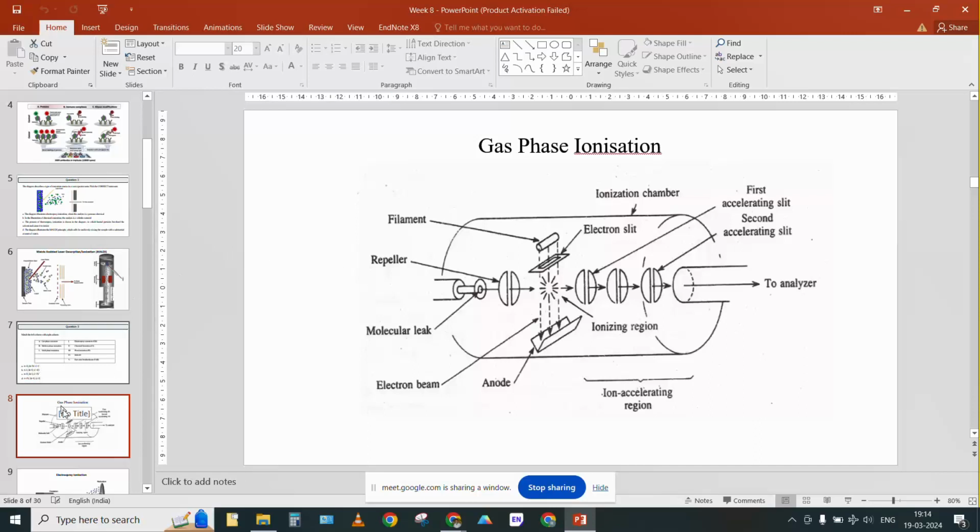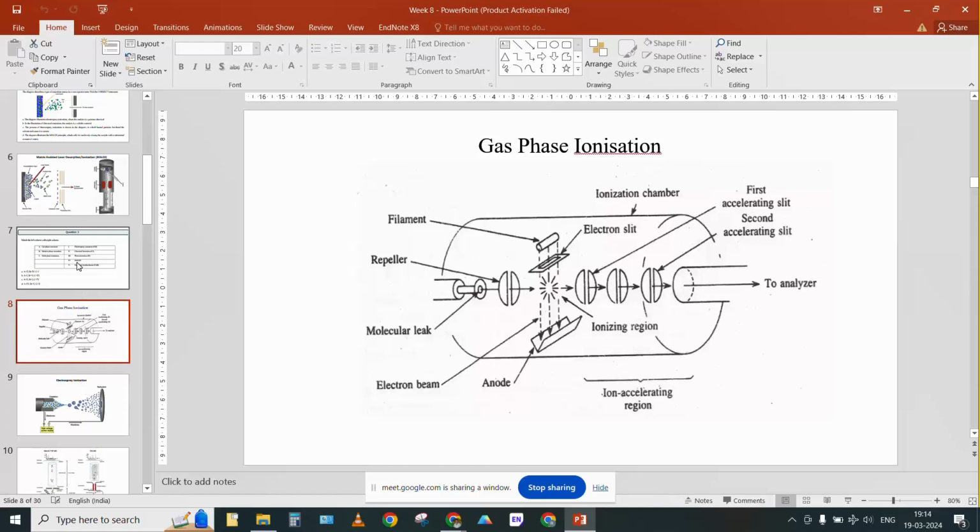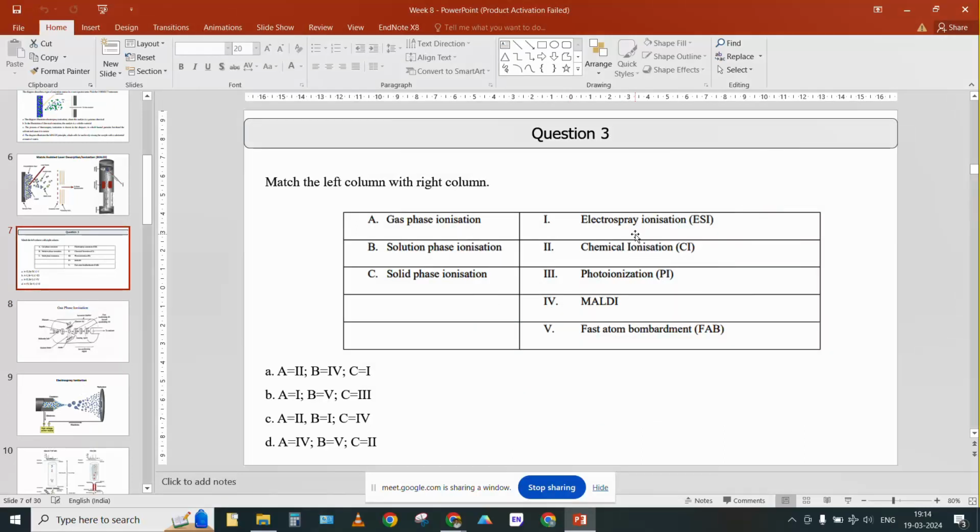And the second option given here is electrospray ionization. Electrospray ionization is a technique used in mass spectrometry to produce ions using an electrospray in which a high voltage is applied to a liquid to create an aerosol. It is especially useful in producing ions from macromolecules because it overcomes the propensity of these molecules to fragment when ionized.